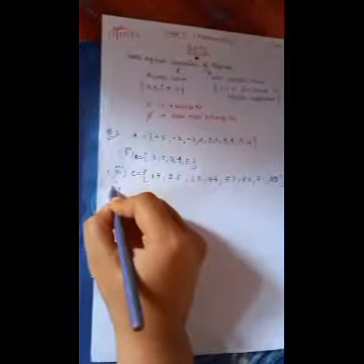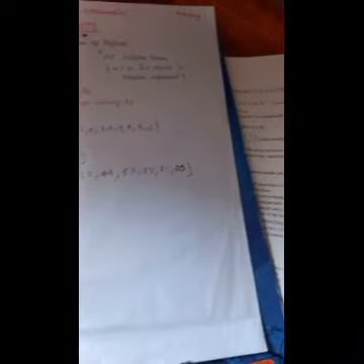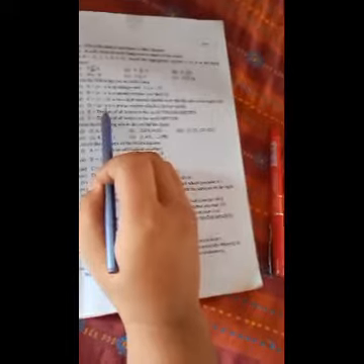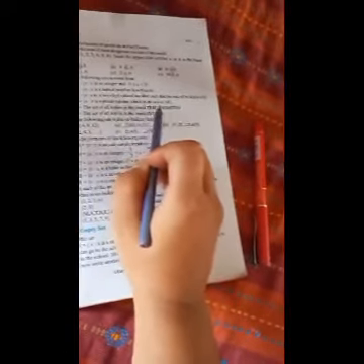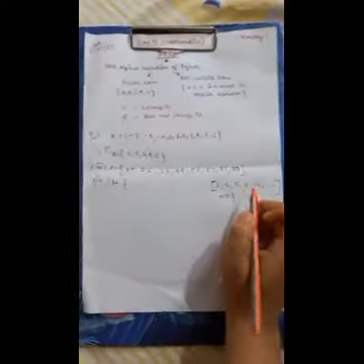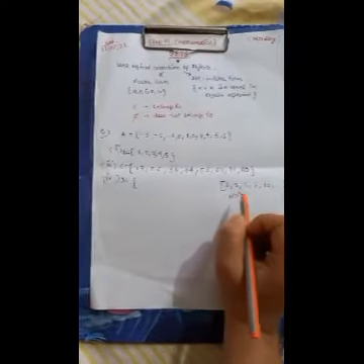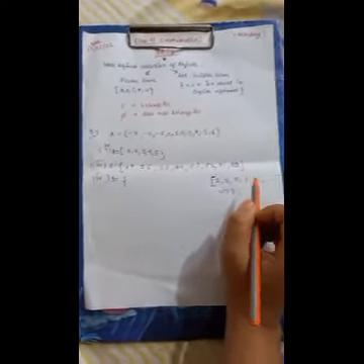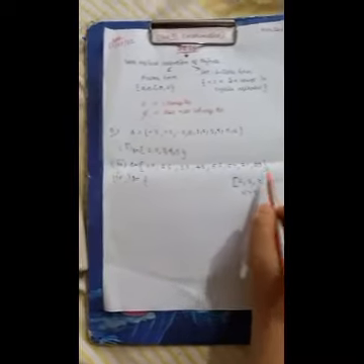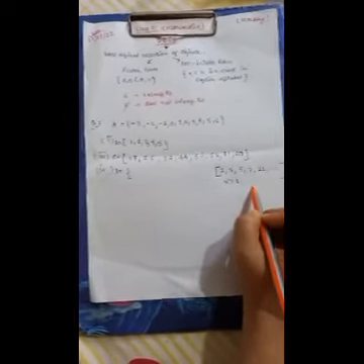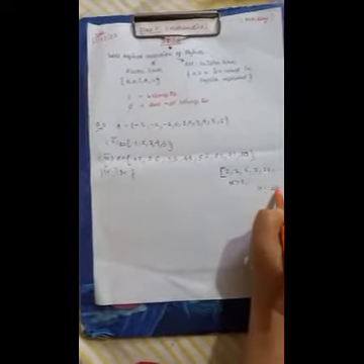Now the fourth question. Fourth question says D equals x such that x is a prime number which is a divisor of 60. So prime numbers are the natural numbers greater than 1 that cannot be written as the multiplication of two numbers other than 1. Just like 4 is a composite number, so we can write 4 as 2 into 2.